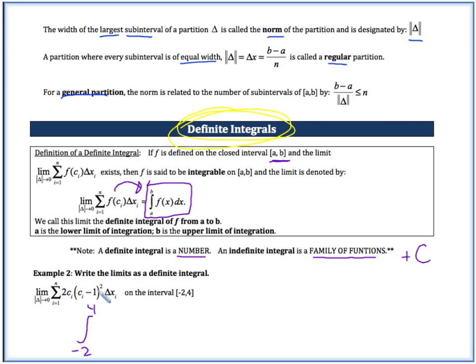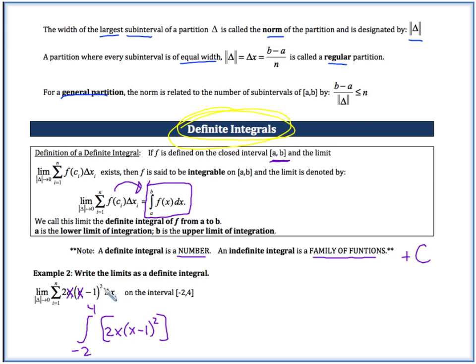And what we want to do is change any of these c sub i's into x's. So this basically becomes an x, and this becomes an x. Okay, so we're going to write it there, 2x times (x minus 1) squared. And I'm just going to put this in brackets here to show that that's our f of x, our function.